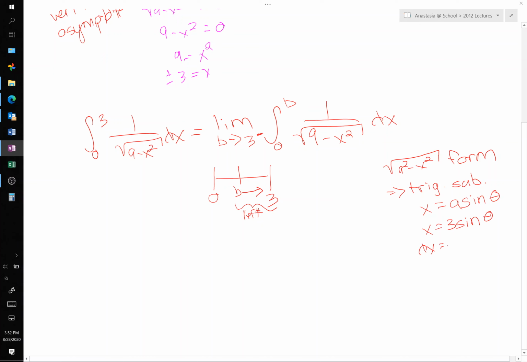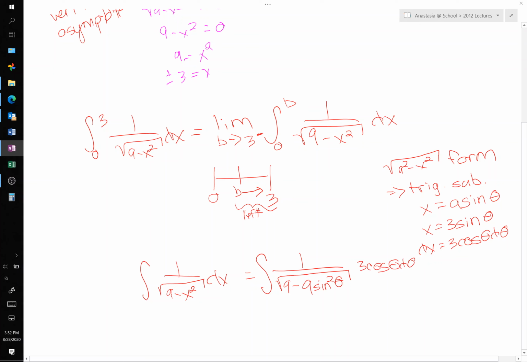Then dx is equal to 3 cosine of theta d theta. I don't really feel like finding new bounds, so I am going to evaluate the indefinite integral separately. So the integral of 1 over the square root of 9 minus x squared dx will be equal to the integral of 1 over the square root of 9 minus 9 sine squared theta, times 3 cosine of theta d theta.